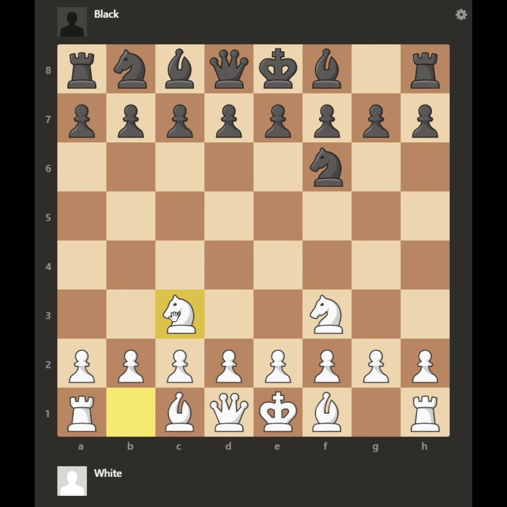And the other black knight will go from b8 to c6. This is the usual four knights game. Usually these knights move to these squares.